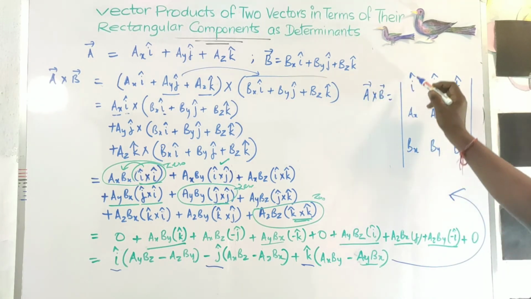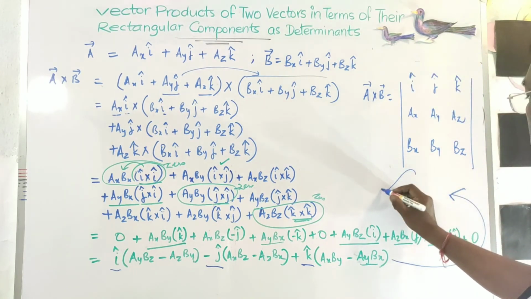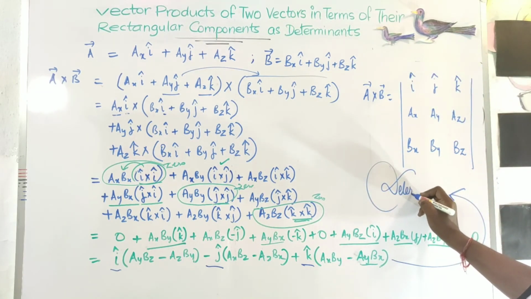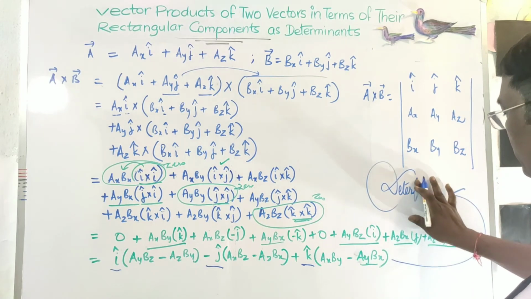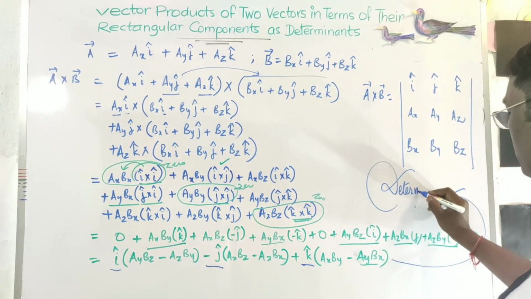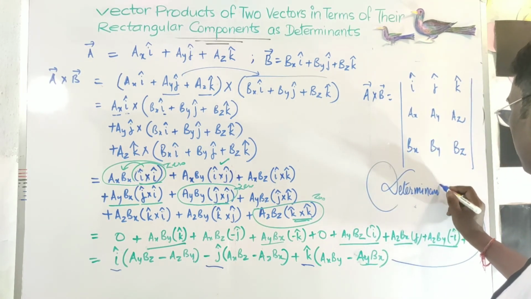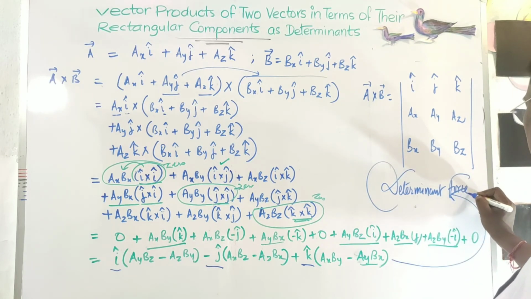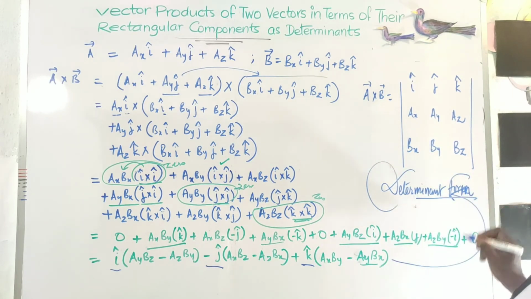This is your determinant form. This form is called the determinant form, to express the cross product of any two vectors.